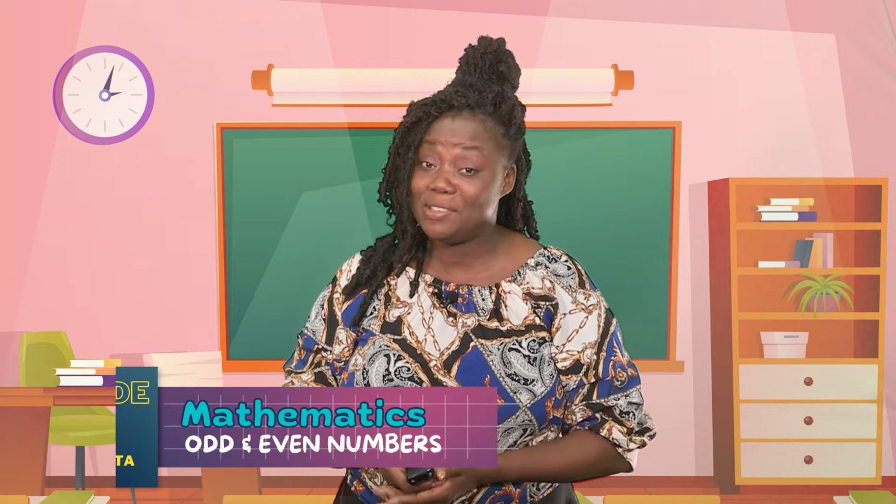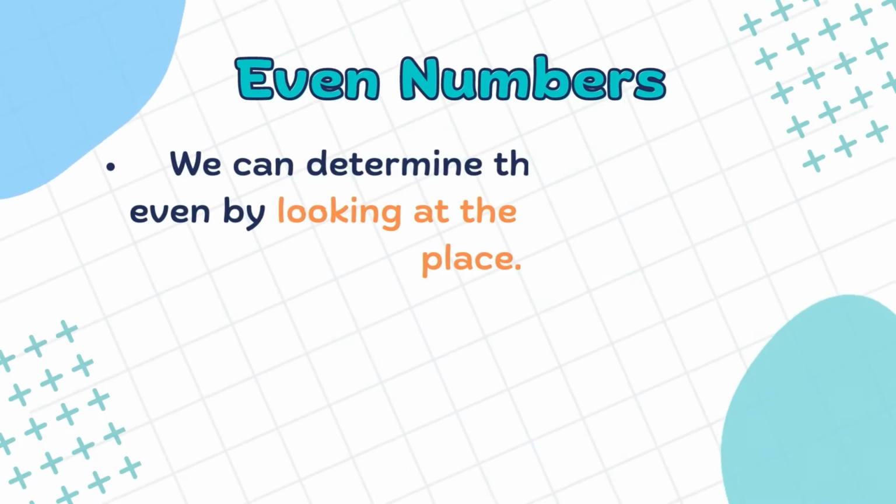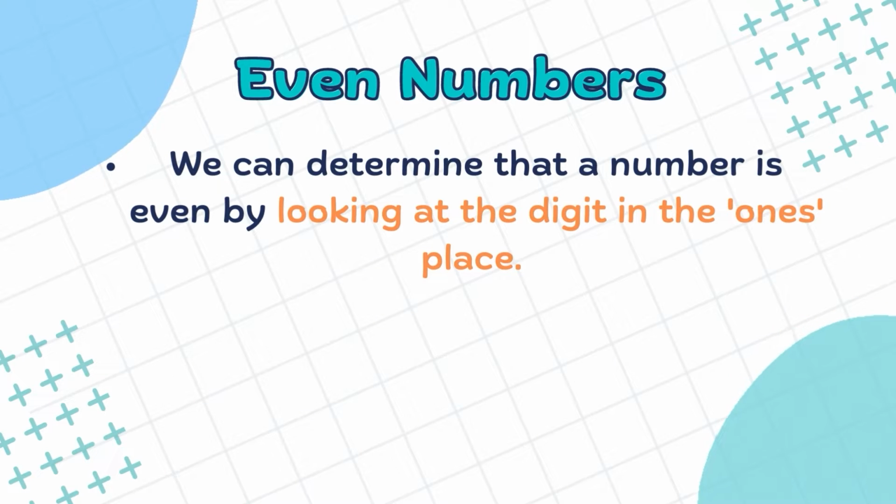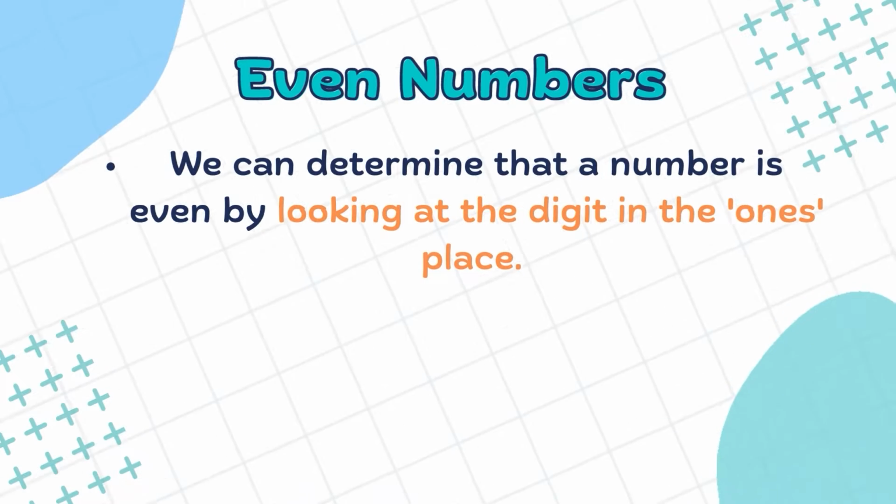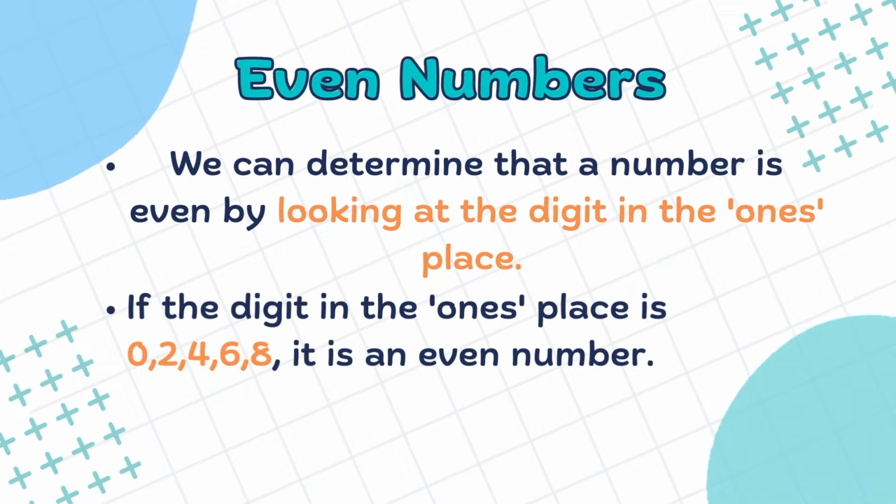How do we identify even numbers? We can determine that a number is even by looking at the digit in the ones place or the ones column. If the digit in the ones place is 0, 2, 4, 6, or 8, it is an even number.